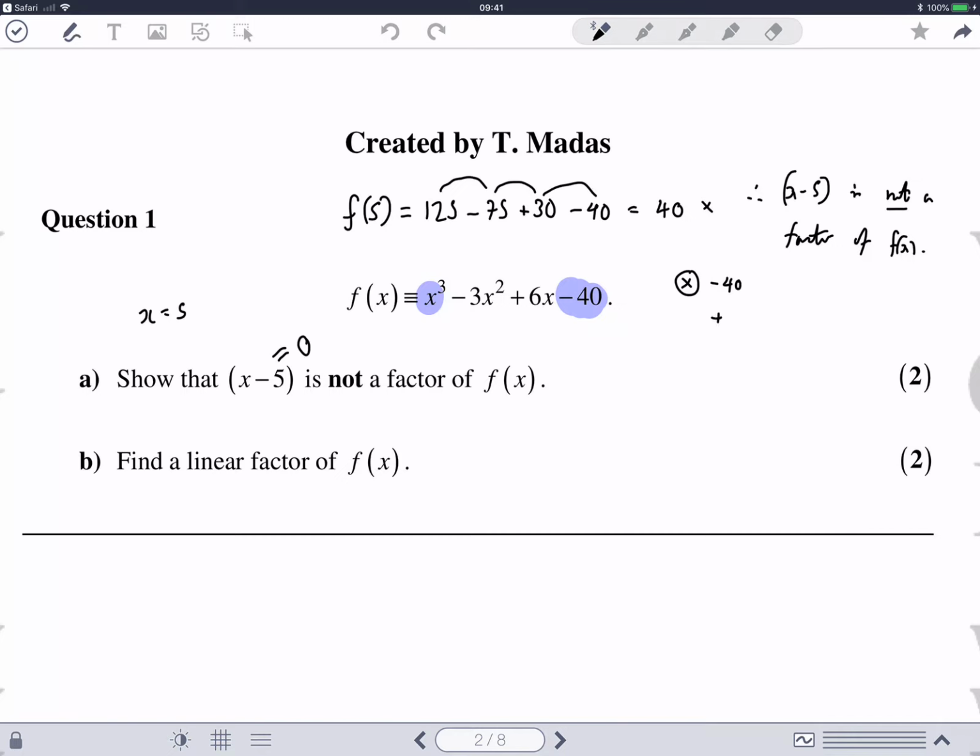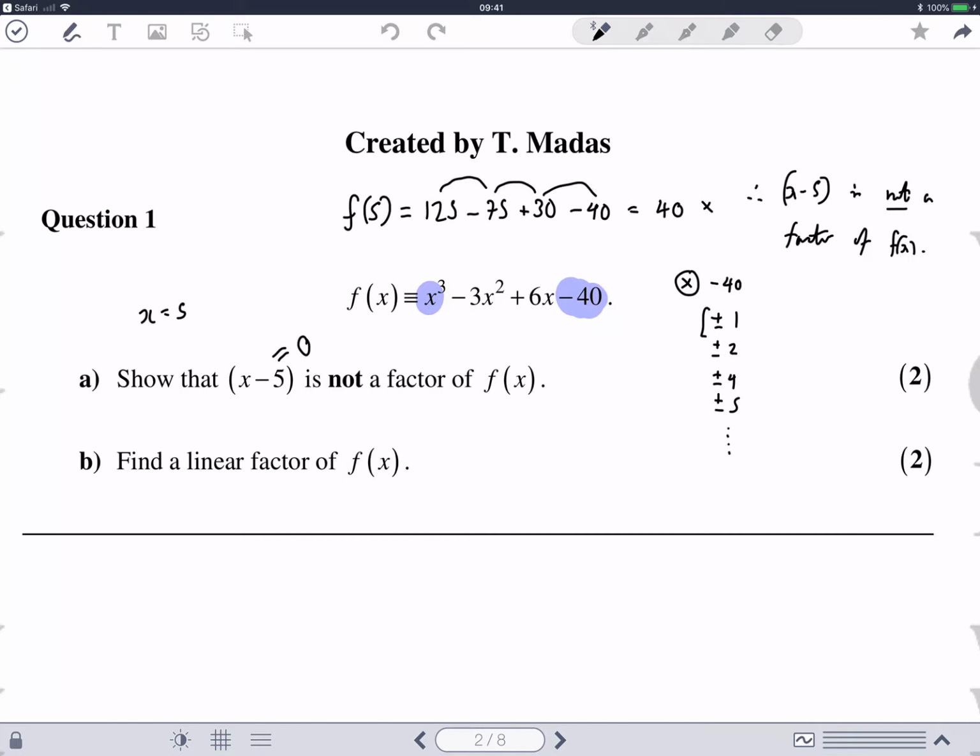We've got plus or minus 1, plus or minus 2, plus or minus 4, plus or minus 5, and so on, 8, 10, 20, and 40. There's quite a few to go through. So let's try the easy ones. Let's start with plus or minus 1.